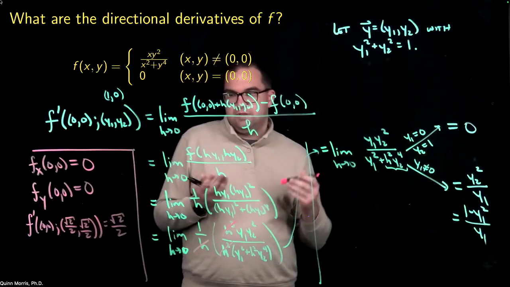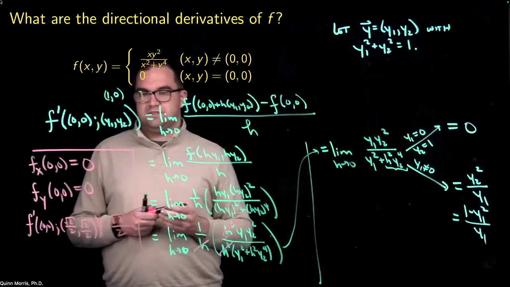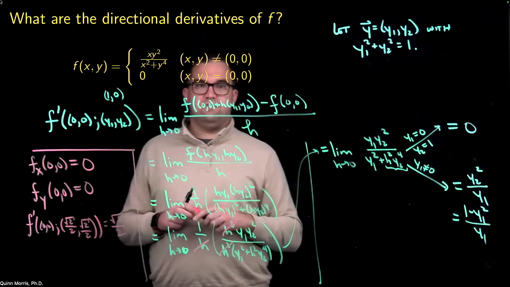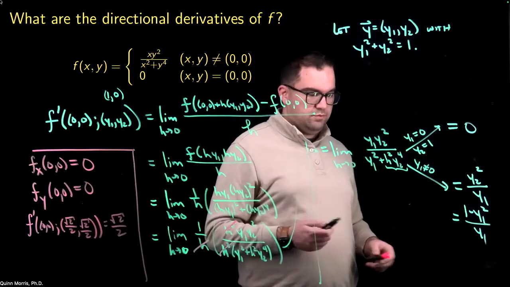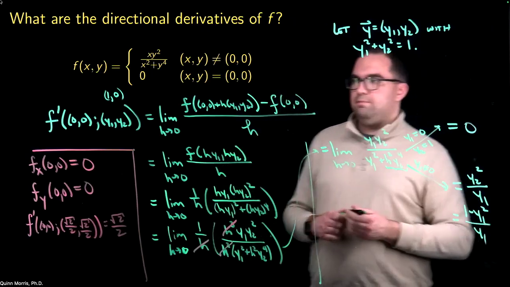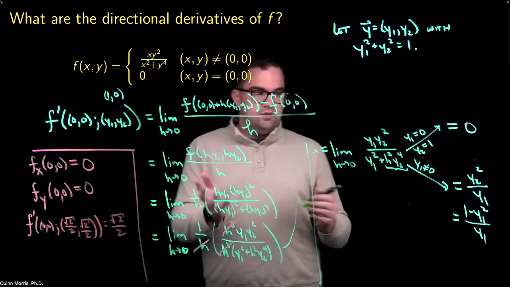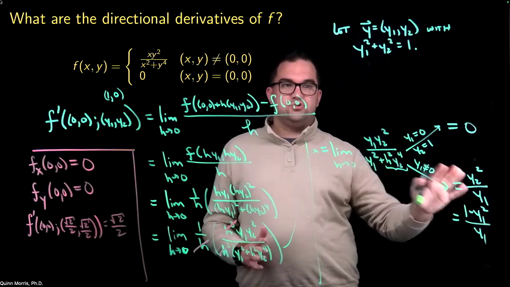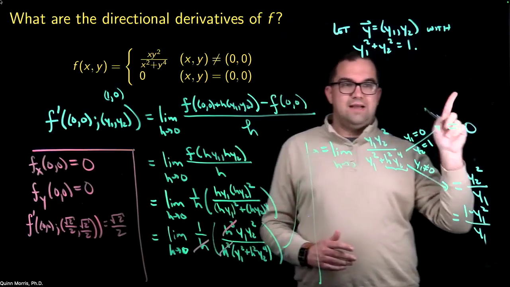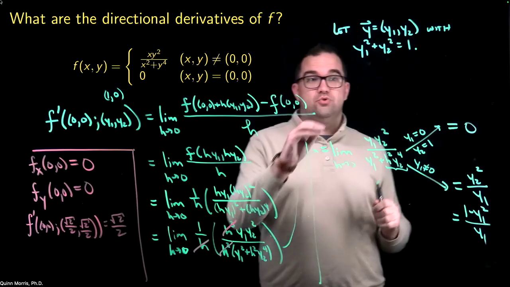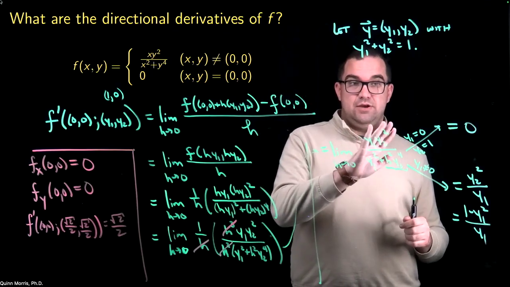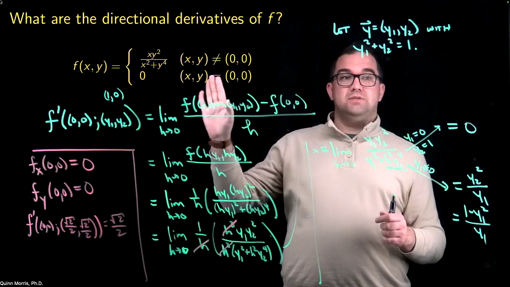So anyway, you can calculate lots of these things, and that's perfectly fine. That's one of the things we want to do: get comfortable with using this definition. But let me also emphasize, this actually gives you a directional derivative for any direction. So the directional derivative exists here in every possible direction.